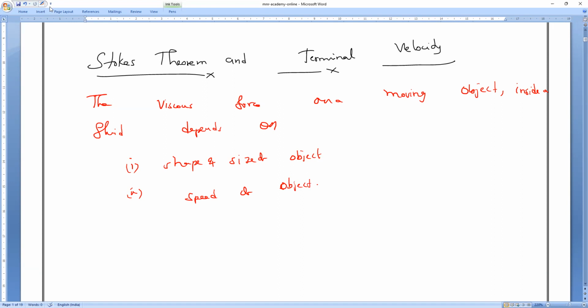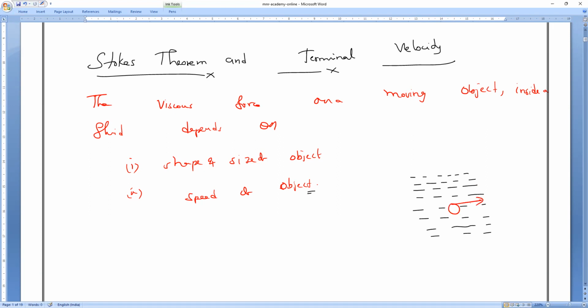Remember, basically the solid friction does not depend on the speed of the body. But here, for solid liquid friction, the speed of the object matters. The viscous force depends on how fast the object is traveling inside the fluid.